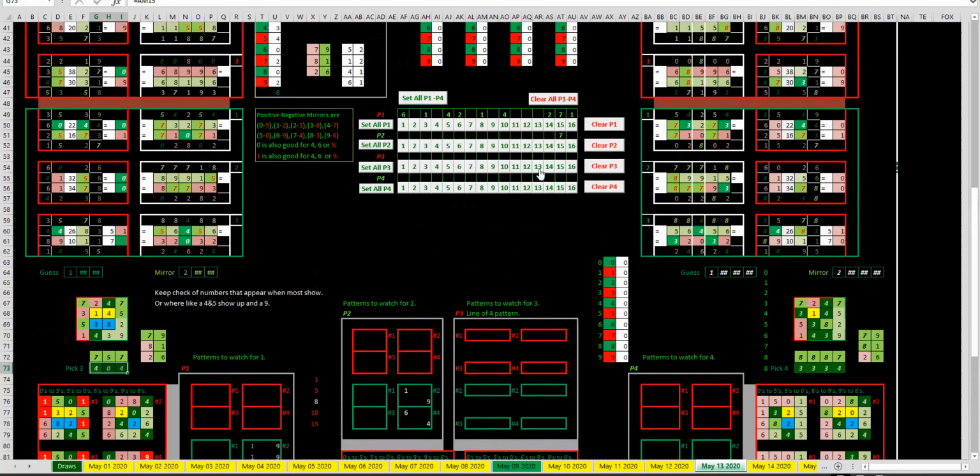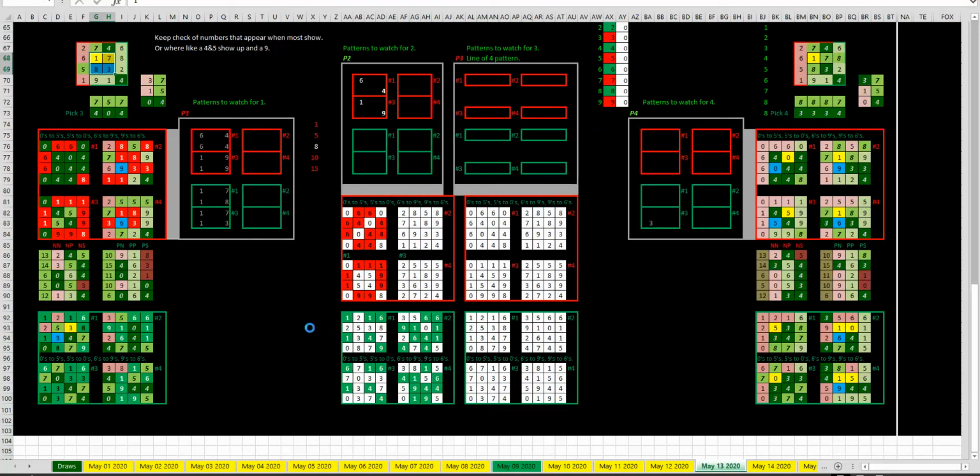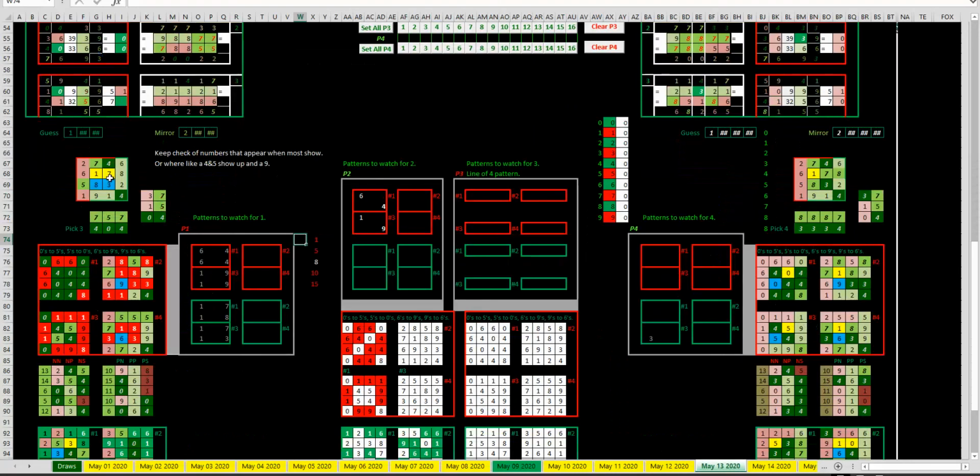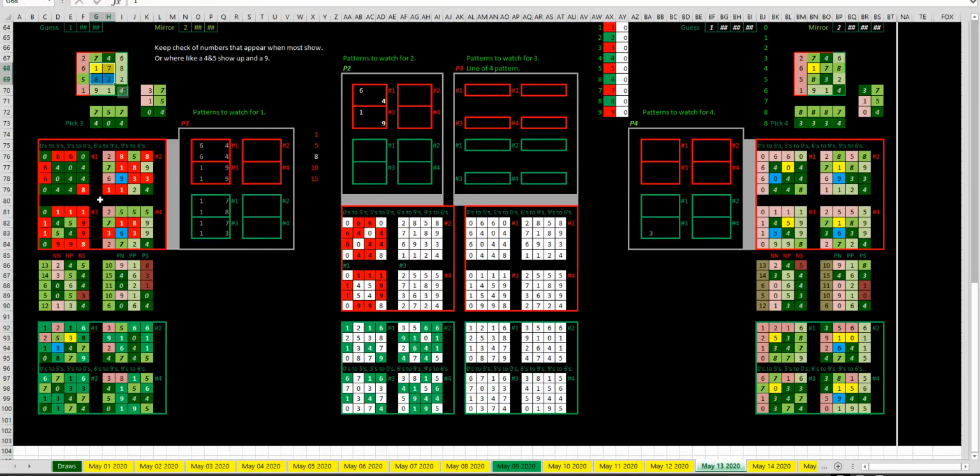And then finally pattern 15. See the numbers here change again. And now you have your 4's up here as a pattern. And there's 404, 404, 044, 044.